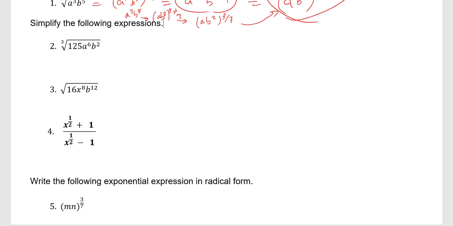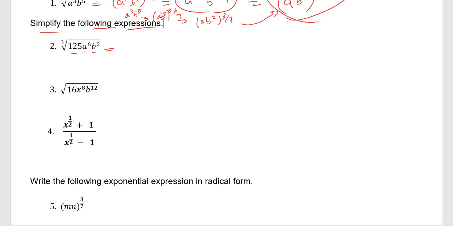Next examples. Exercises. Simplify the following expressions. The cubic root of 125 a to the 6th b squared. We can distribute the cubic root to each of these terms in the expression.